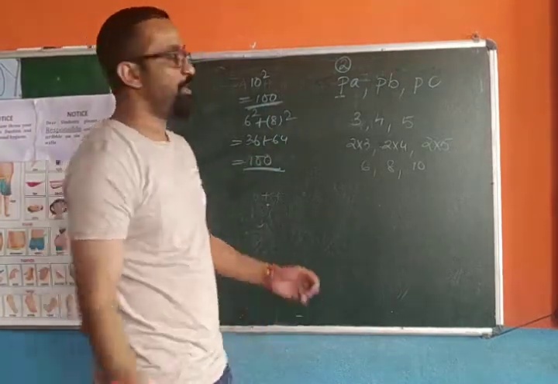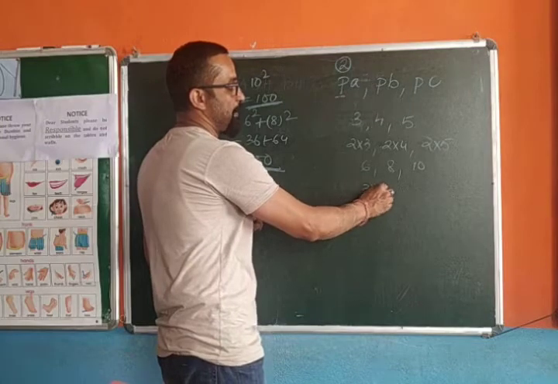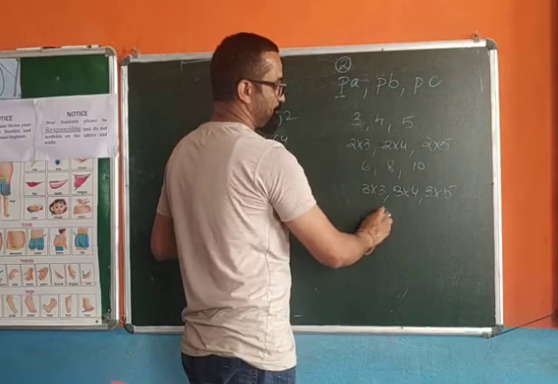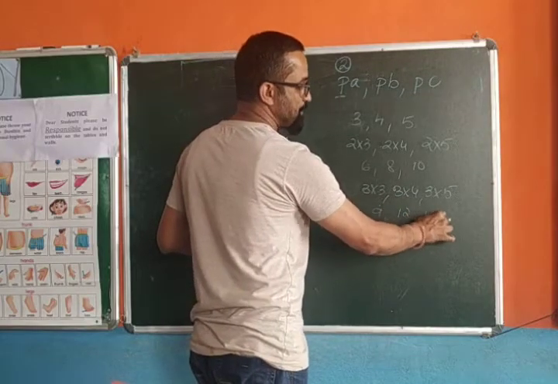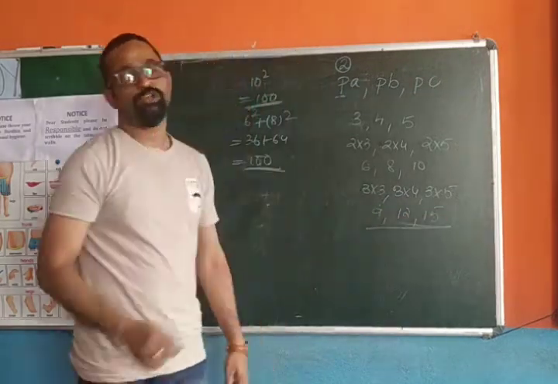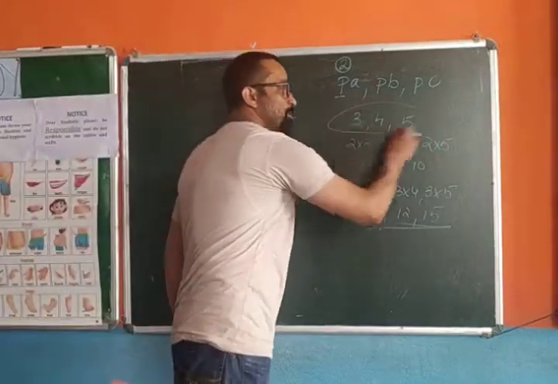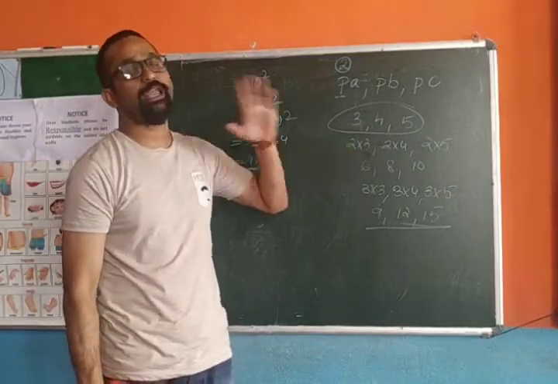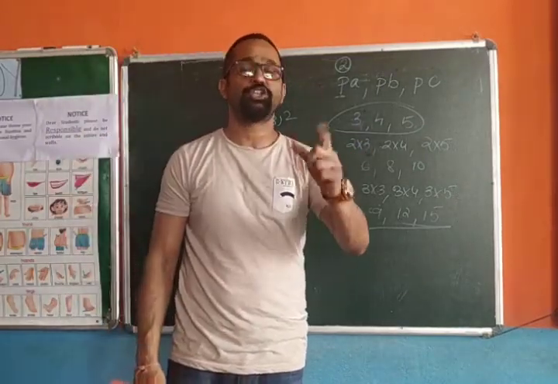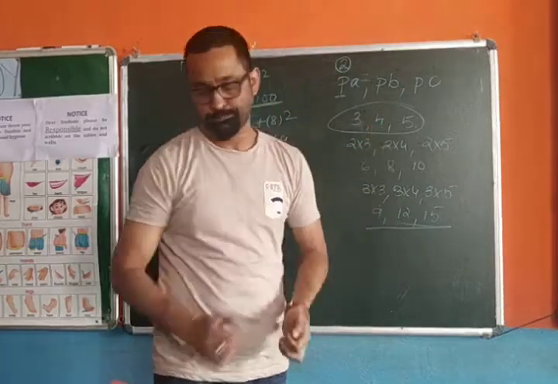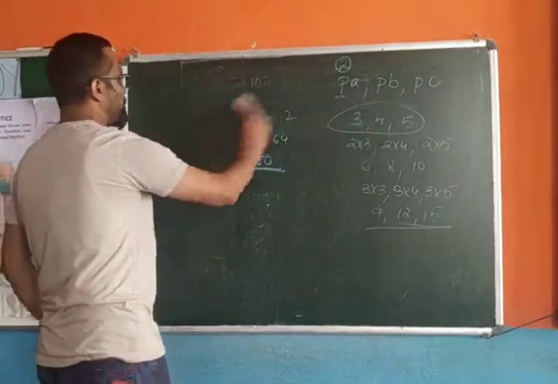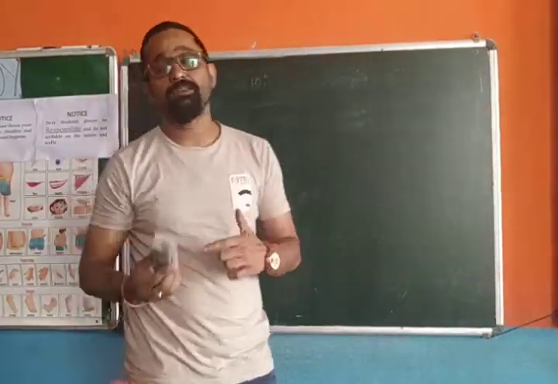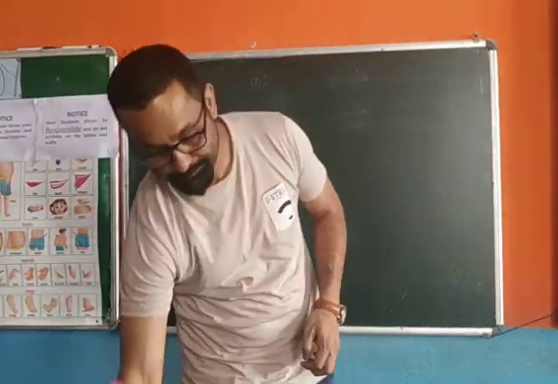For the third Pythagorean triple, 3 multiplied by 3, 3 multiplied by 4, 3 multiplied by 5, you get 9, 12, 15. So you need to remember the basic Pythagorean triple, and then others you can calculate by multiplying with 2, 3, 4 and so on. So please do remember the statement of Pythagoras and then Pythagorean triples.